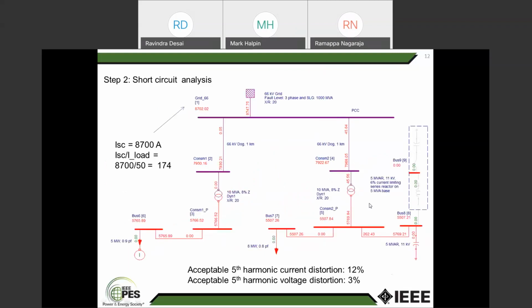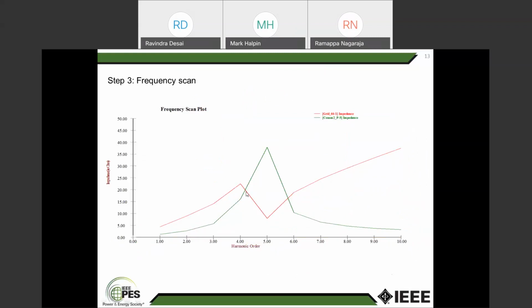This is the consumer premises 2, bus number 5. The impedance started increasing. At fifth harmonic, it is falling. Then again it started increasing. Now the thing is, it is maximum here. At the consumer impedance, it is maximum here. At the PCC, it is minimum.